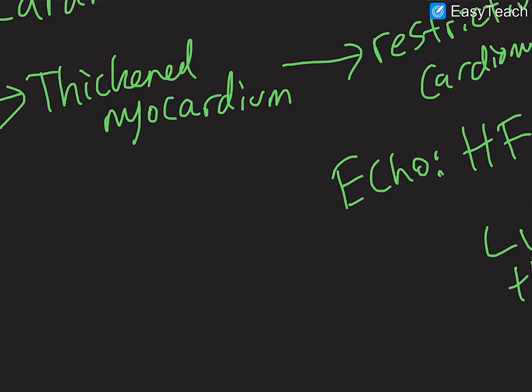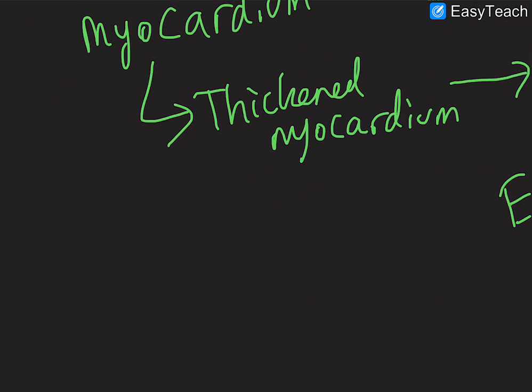But then what we said was not only does this mutated transthyretin misfold and deposit as amyloid in the myocardium, causing restrictive cardiomyopathy, this mutated transthyretin can misfold and deposit as amyloid on your peripheral nerves, leading to axonal degeneration and dysfunction of your peripheral nerves.